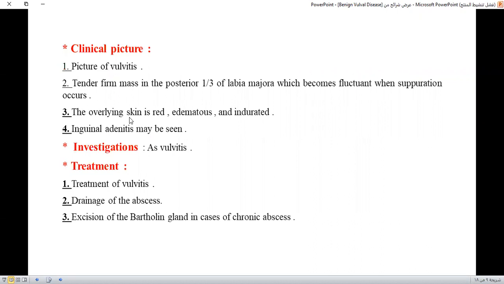Investigation, treatment and clinical picture are like vulvitis, but there is a tender firm mass in the posterior third of the labia majora, and the overlying skin is red, edematous, with inguinal adenitis. Treatment: if there is a chronic abscess, excision of the Bartholin gland may be needed, and if this is the abscess for the first or second time, drainage may be done.